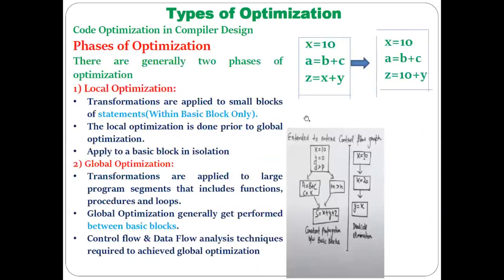Okay. Then now here I have to discuss the two types, or phases, of optimization. Generally there are two types of optimization. In that, first we have the local optimization and second we have the global optimization.